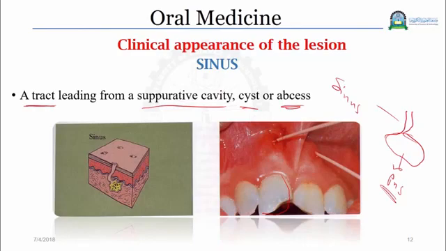This is the fracture of the central incisor and the other central incisor. This trauma may lead to pulp necrosis, which will form a cavity of pus. This cavity of pus may drain through, making a sinus tract. It may be a tract from a suppurative cavity, a cavity containing pus, or a cyst or abscess.